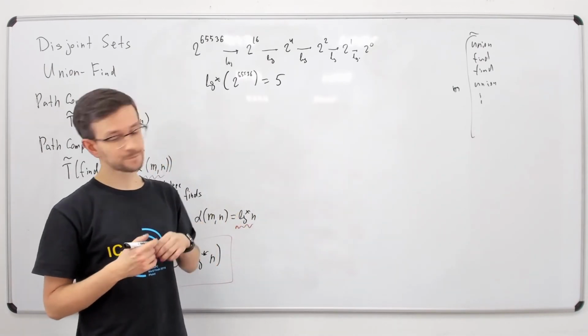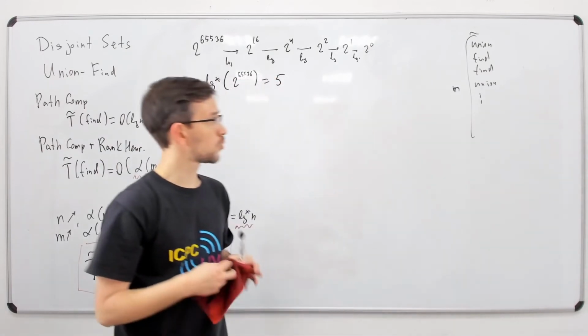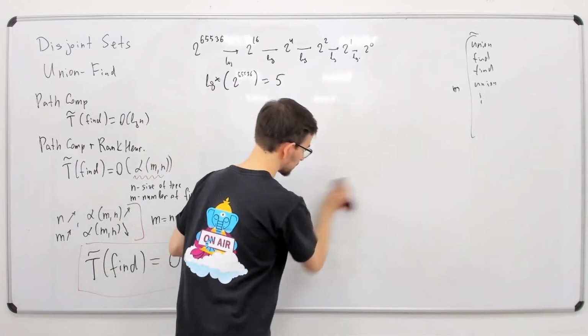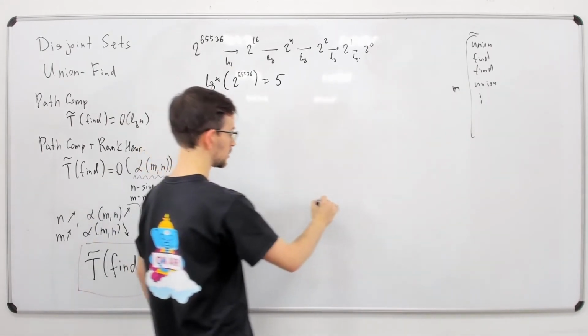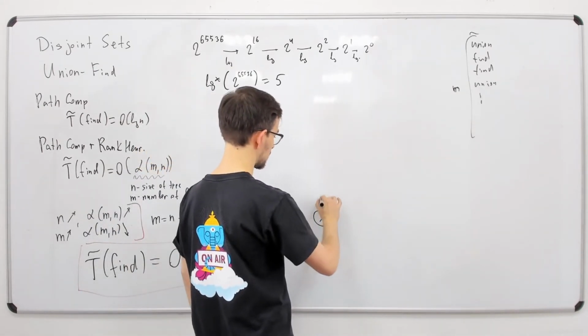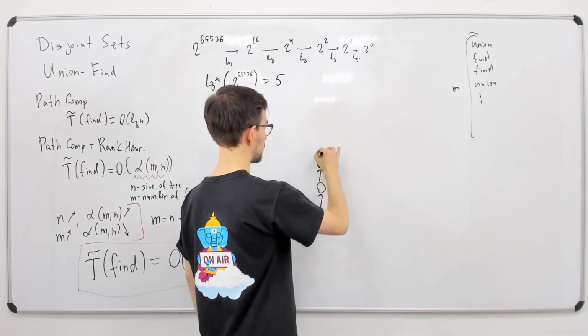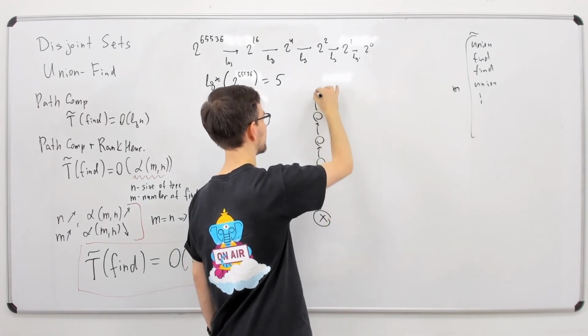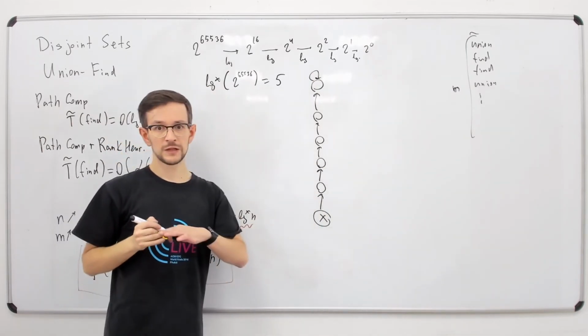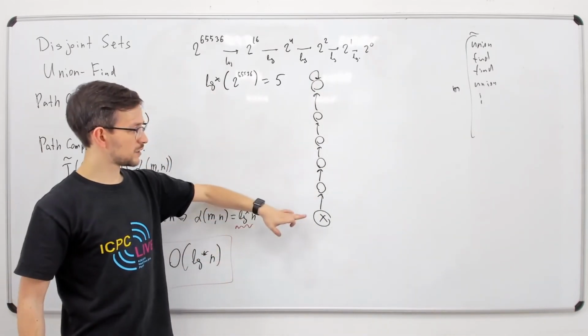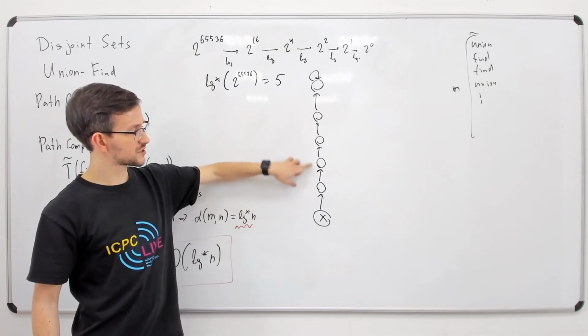Let's go. So, how to calculate the time complexity? Let's look at what happens when you perform the find operation. You have some element x. You move from here to the root. So the time complexity is equal to the number of these jumps.